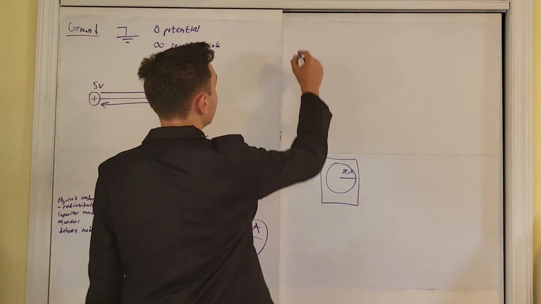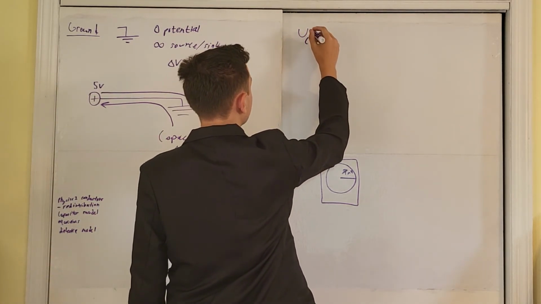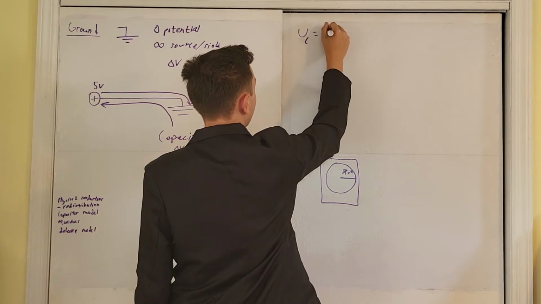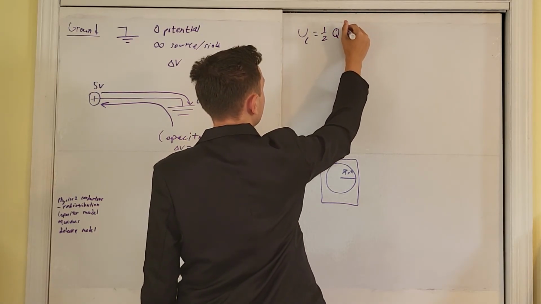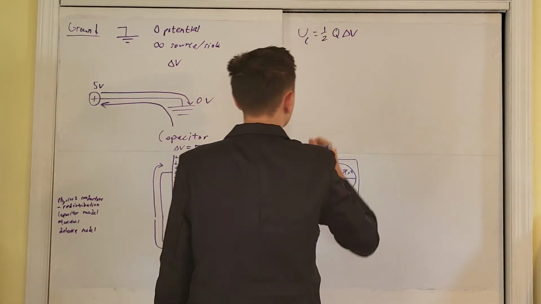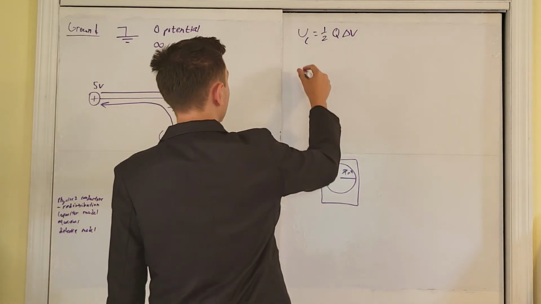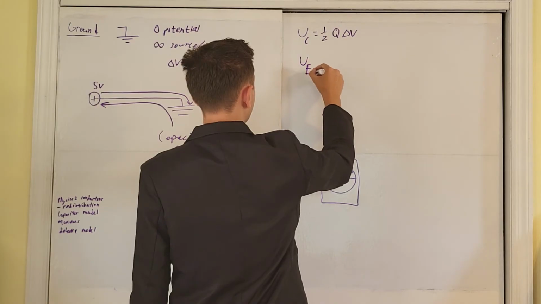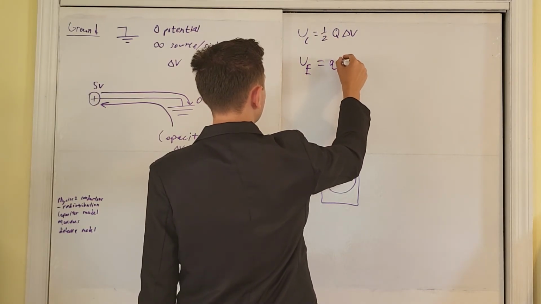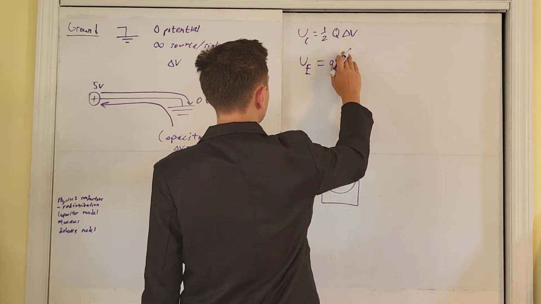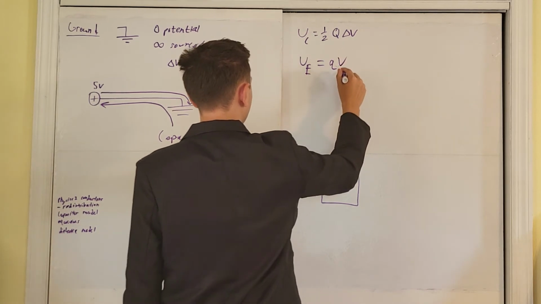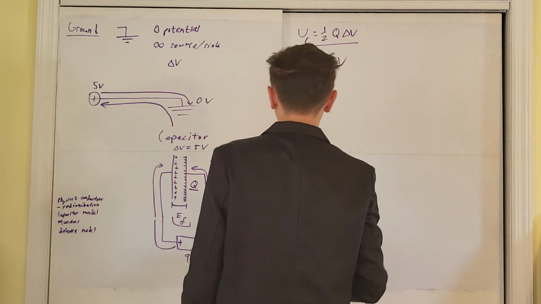Next equation we have is our potential energy stored in a capacitor, given by 1/2 times Q times the potential difference, which is analogous to our electric potential energy equation, which is just a charge Q times its potential. Okay? But we're focusing on this right now.